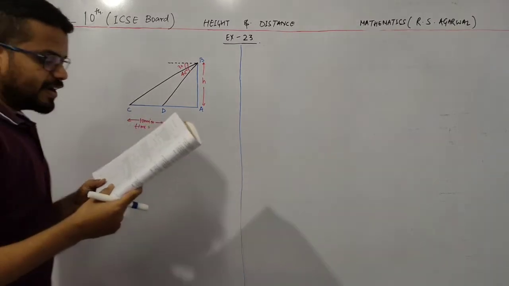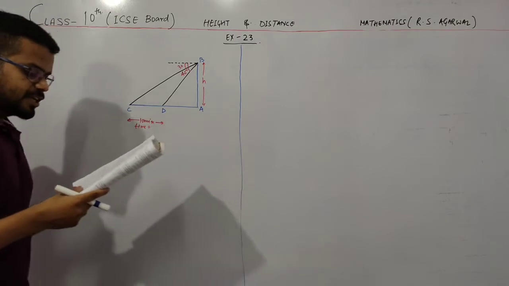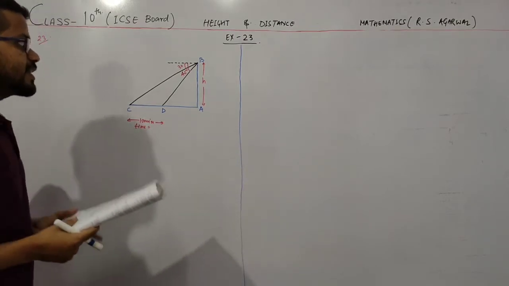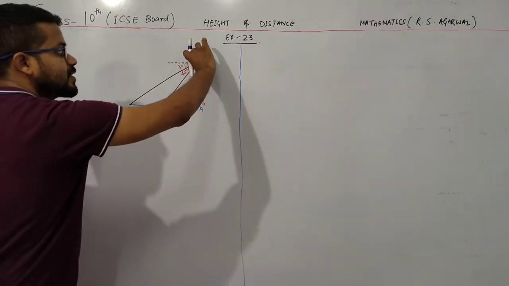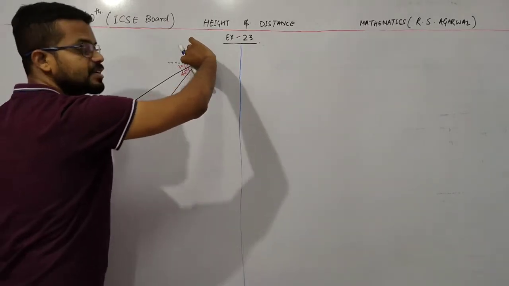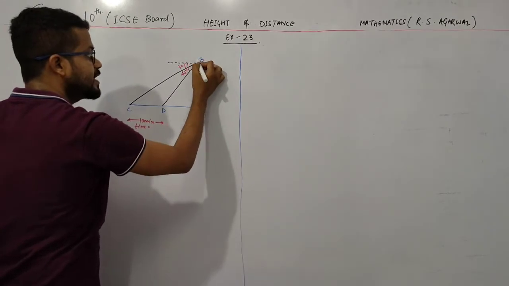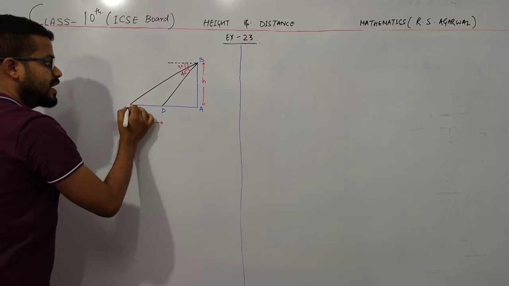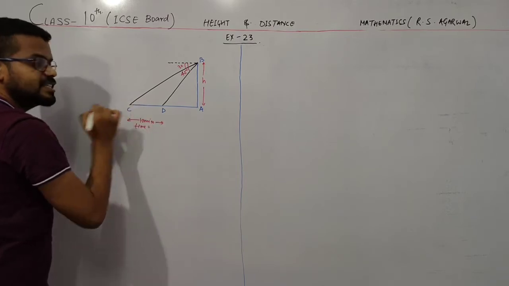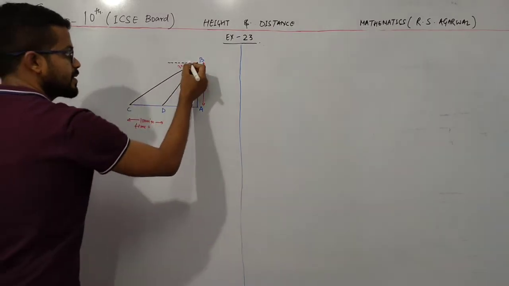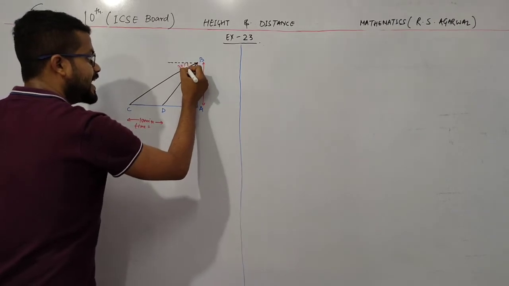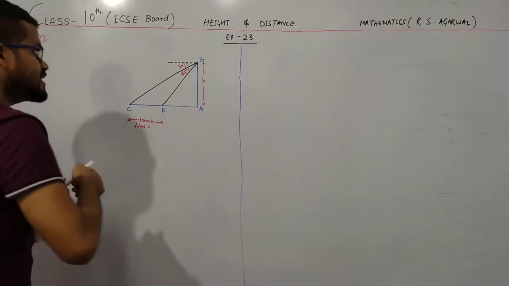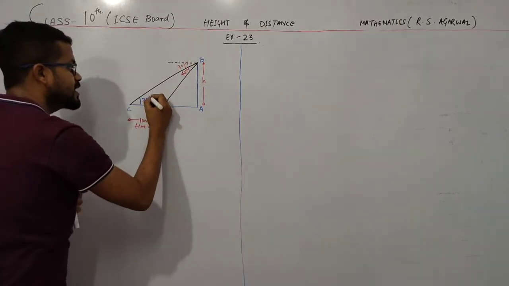If it takes 10 minutes for the angle of depression to change from 30 degree to 45 degree. Here is the man sitting on this tower. Then from here he looked on the ground and here is the car at point C, by the angle of depression 30 degree. So if this angle is 30 degree, this is also 30 degree.